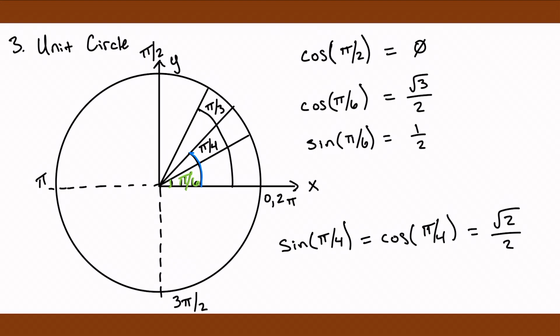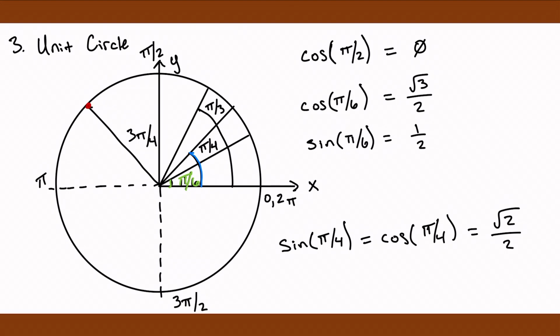But I also know that if I want to come over here to 135 degrees, or 3 pi over 4, then it is the same values here, except I have a minus on the cosine because I'm in the negative x-axis here. At this point here, x is negative and y is positive.